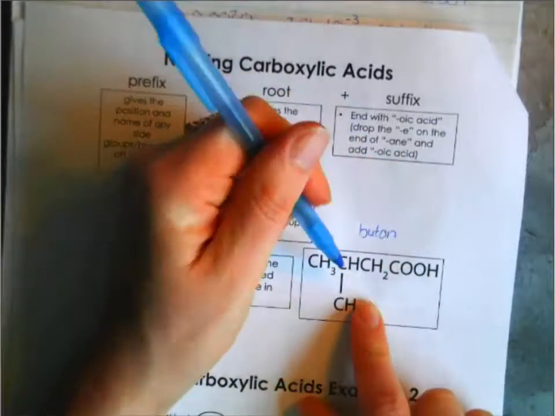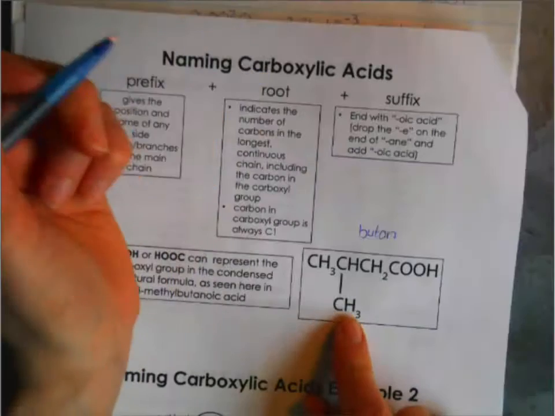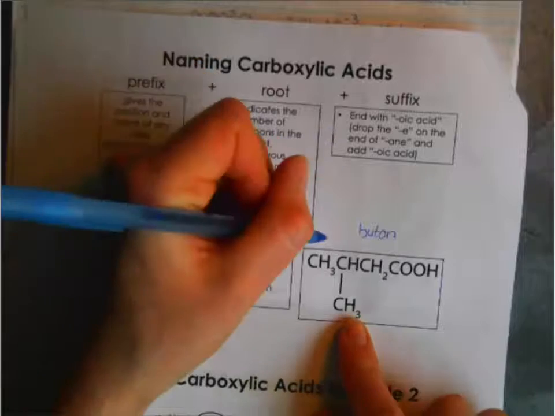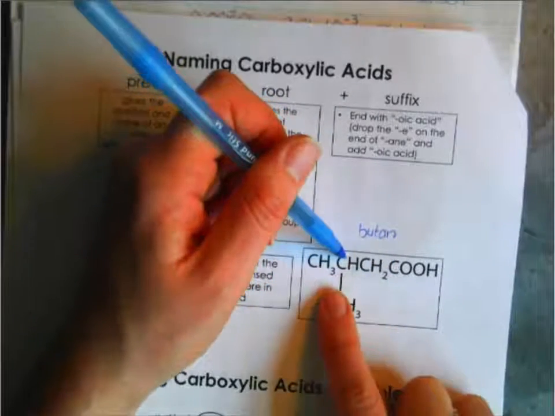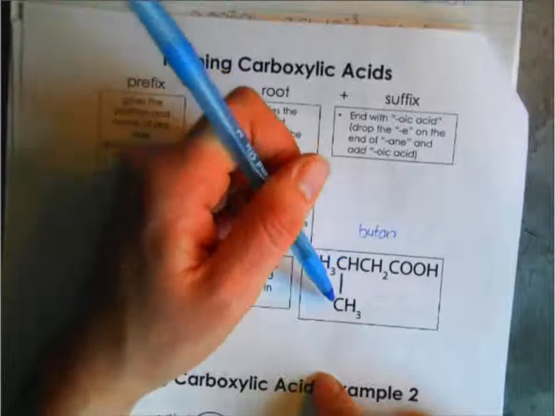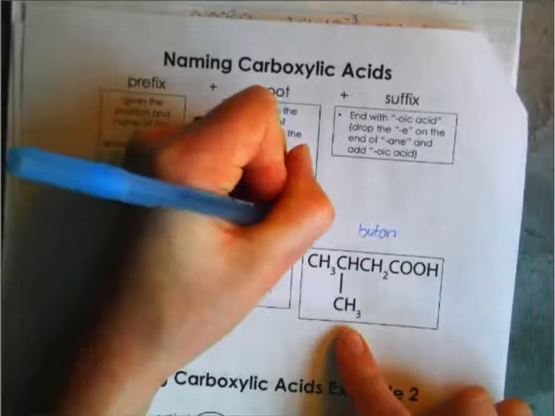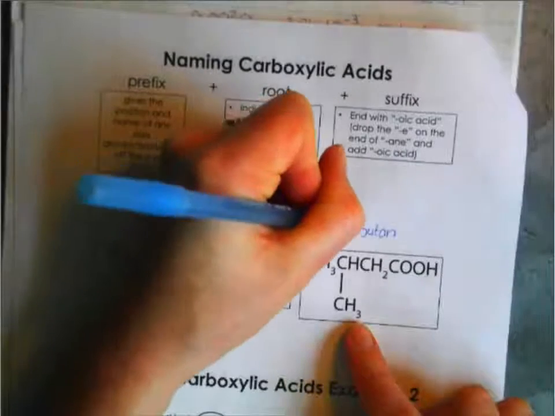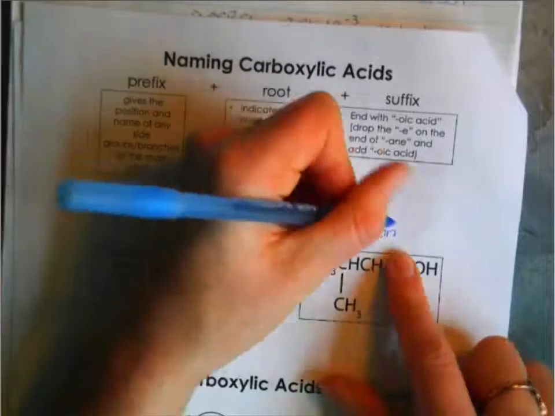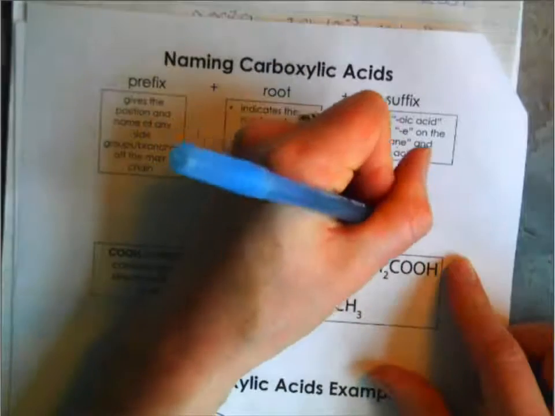But then remember, our prefix has to give the position and name of any side chains. So if we start numbering our carbons here, we have carbon 1, 2, 3. Off of carbon 3, whether we go that way or that way, we have a methyl group. So we'd say 3-methyl, and then butane, and then we want to take the E off and end it in oic acid.